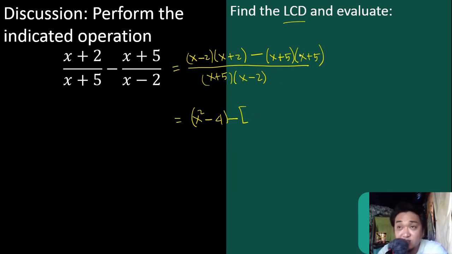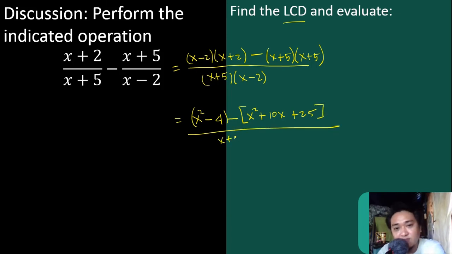You are multiplying a product of two binomials that will result in a perfect square. So that will be x squared plus 10x plus 25 all over x plus 5 times x minus 2.